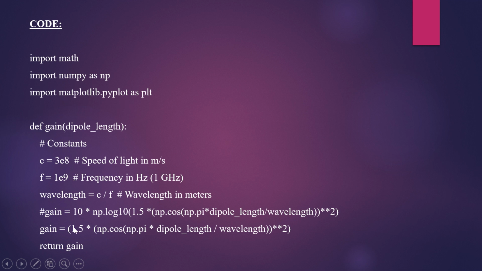This def gain will return the gain value. That is, it calculates the gain equal to 1.5 into np dot cos (np dot pi into dipole length by wavelength) power 2. Here C is the speed of light, 3 into 10 power 8. F is the frequency of 1 into 10 power 9, that is 1 gigahertz. Wavelength can be calculated by the C by F formula. By running this code, we will get the gain at a particular length.